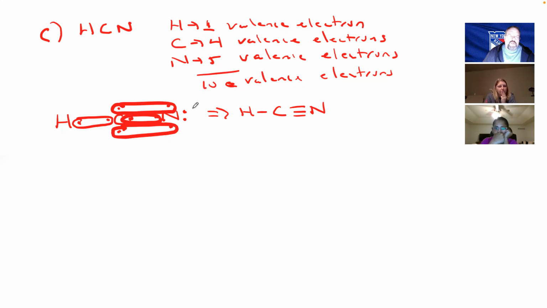Now, what happens with the other 2 electrons on the nitrogen? They stay on the nitrogen. Is everybody happy? The answer is yes, because the carbon now has 2, 4, 6, 8, and the nitrogen now has 2, 4, 6, 8. Everybody's really happy. Now, what about shape?